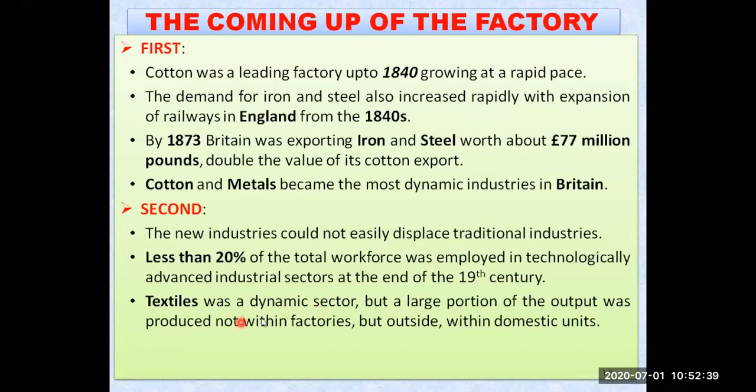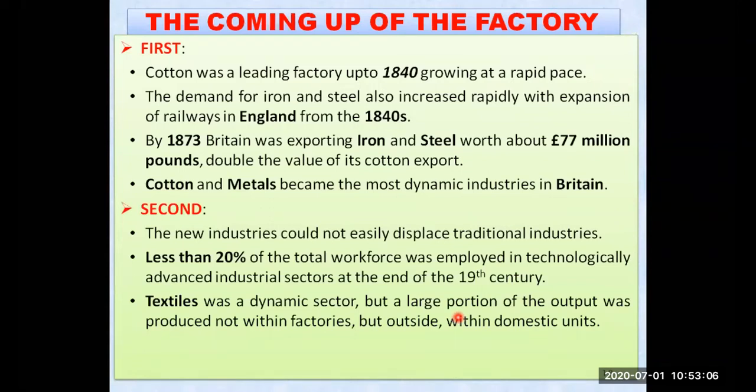So textile was a dynamic sector, but a large portion of the output was produced not within factories. Mind it, my dear students, a large part of the production, that is the output, was coming not from within the factories but outside, within domestic units. This gives a clear picture that domestic units were dominating over the new industries.